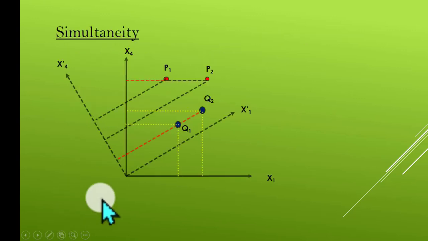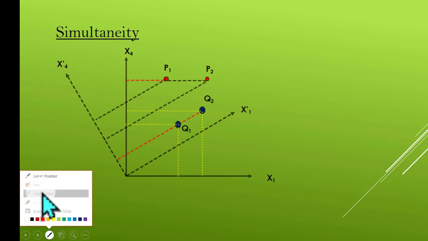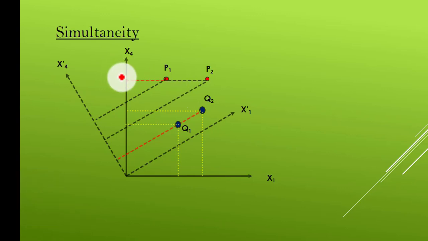So first let's discuss the simultaneity of events. Here we have considered 2 axes. Suppose this is the x1 x4 frame of reference, and there is another frame of reference, the x1 prime x4 prime frame of reference. In Minkowski space we are representing the frame of reference S. Suppose x1 x4 is our S frame of reference and this one is our S prime frame of reference.